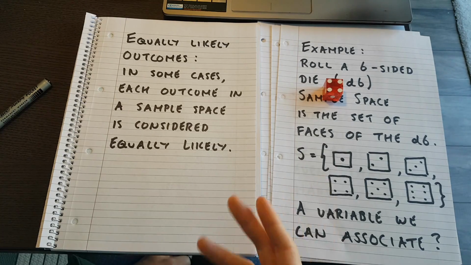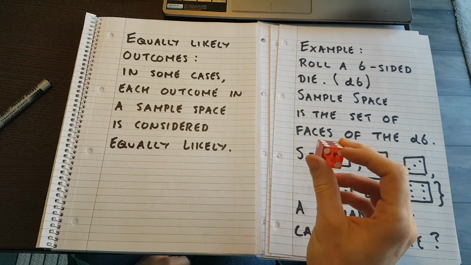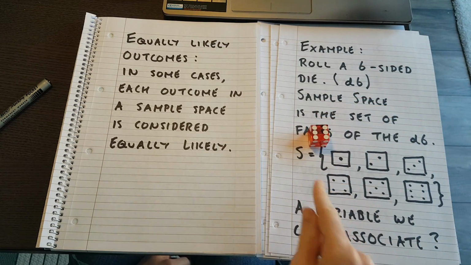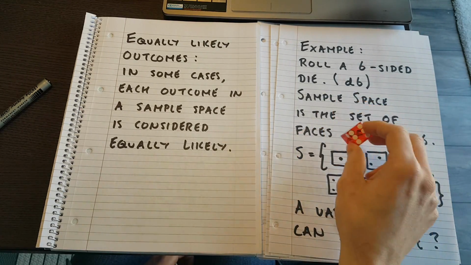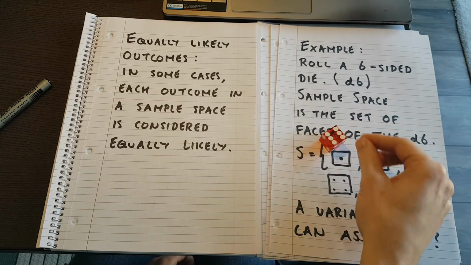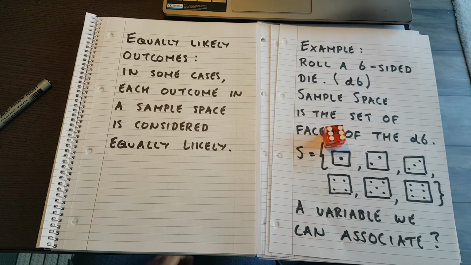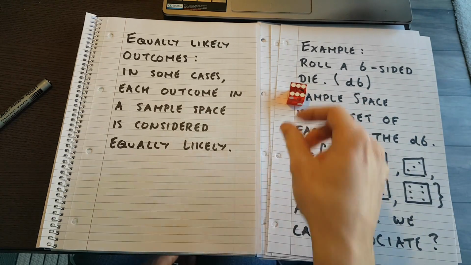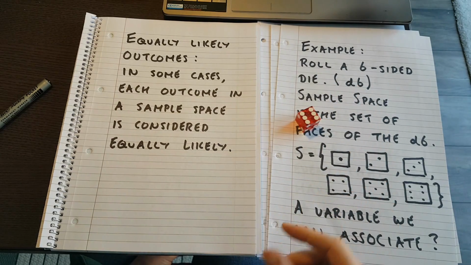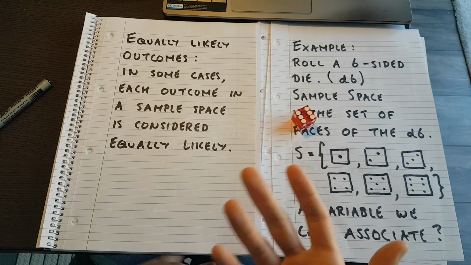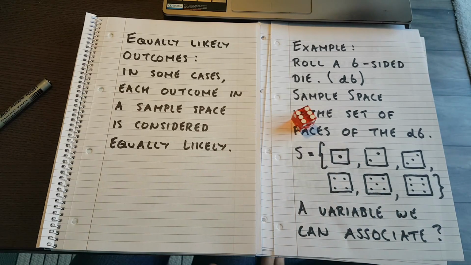But that's not guaranteed when I have a die. This one's translucent so you can see through it, but if the die were opaque, it might be hiding a small lead weight or something like that, which would always cause it to fall on a particular side, in which case, even though I could potentially have six different outcomes, the probabilities of them would not be the same. They would not all be equally likely.